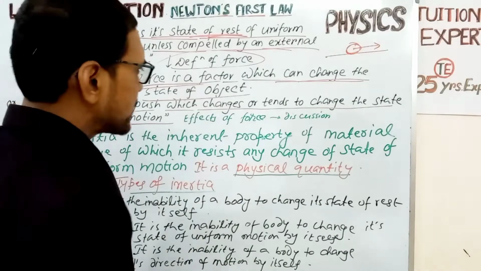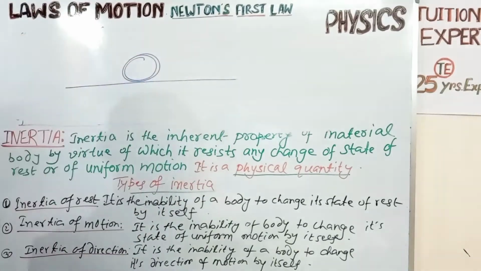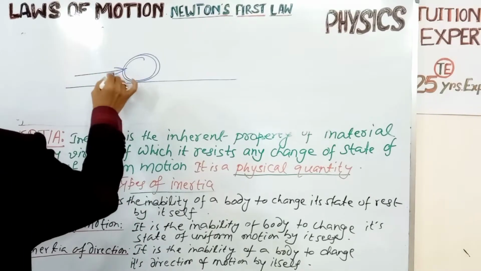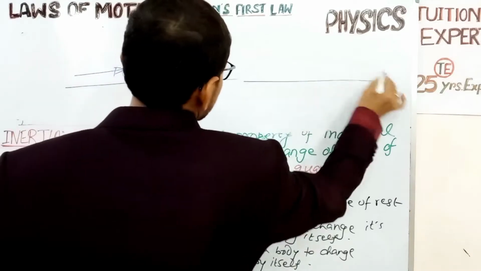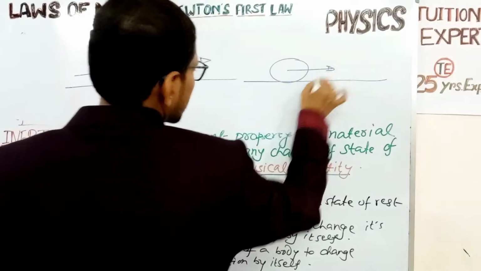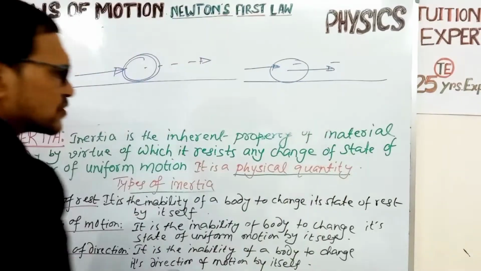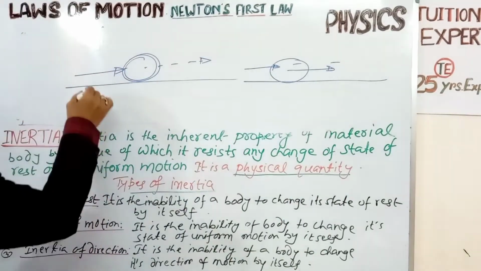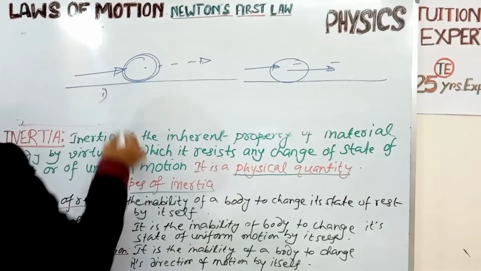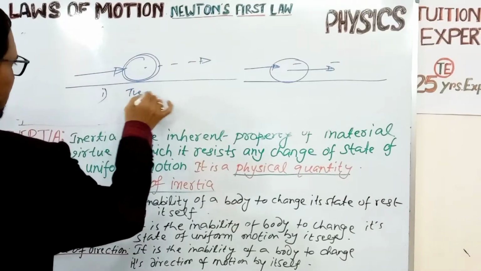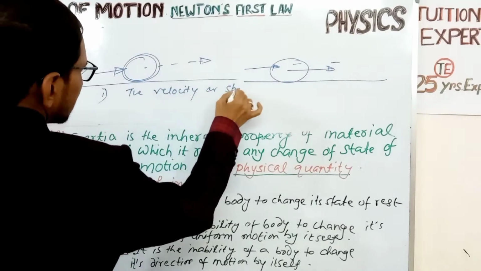Now what is the effect of force? Suppose a body is at rest. If a force is applied, then its speed will change, or if a body moves with a constant velocity and a force is applied, then its velocity or speed changes.